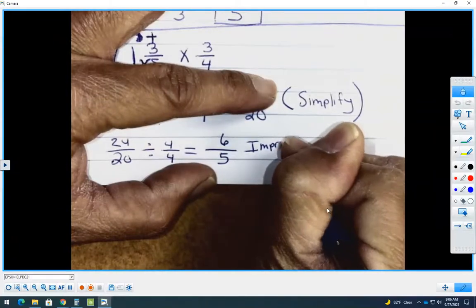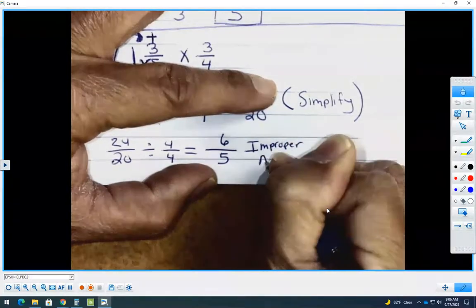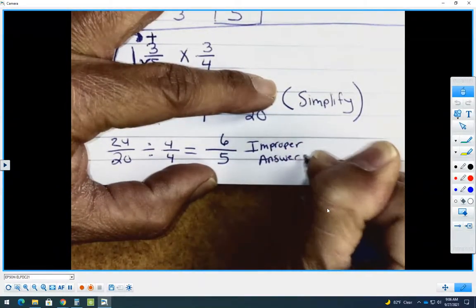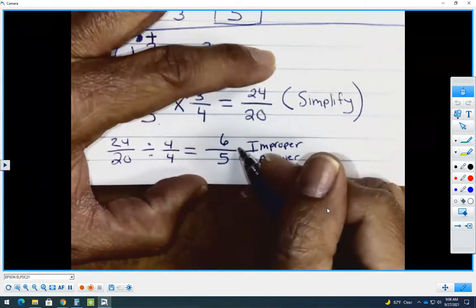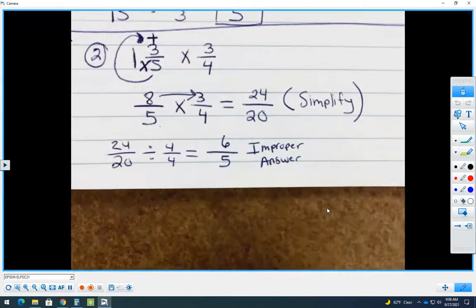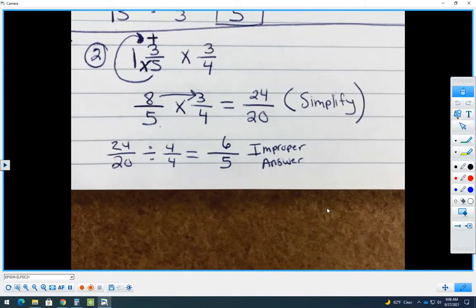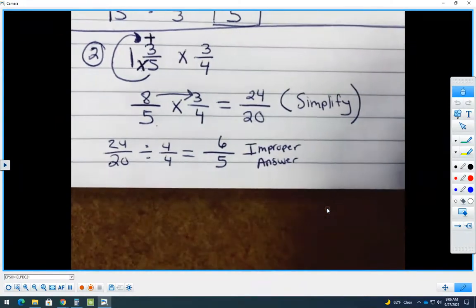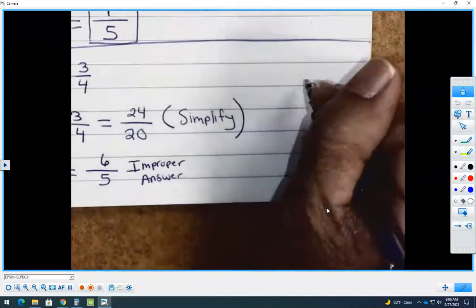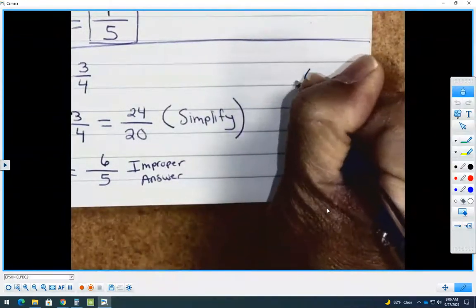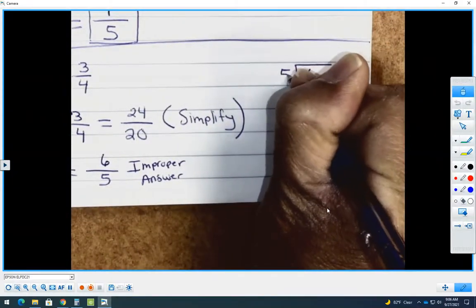This is the answer already, but it's improper. We don't want to leave an answer as improper. So I'm going to have to do bottom out. So let me go to the side and do bottom out. 6 divided by 5.